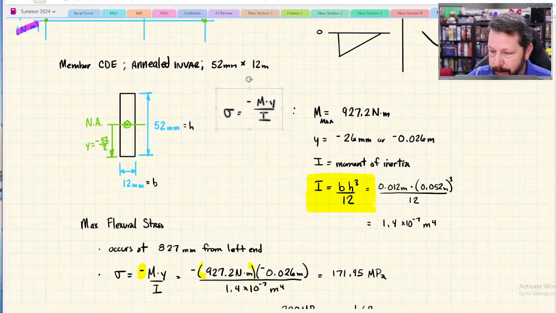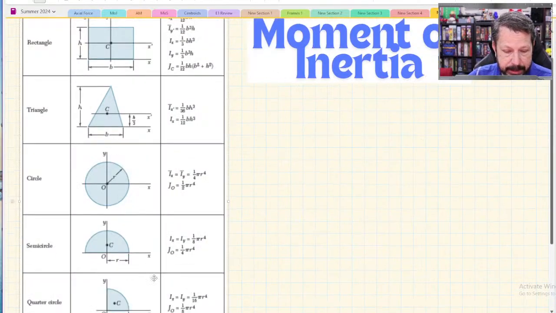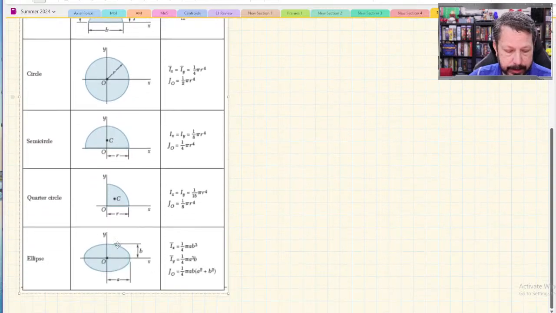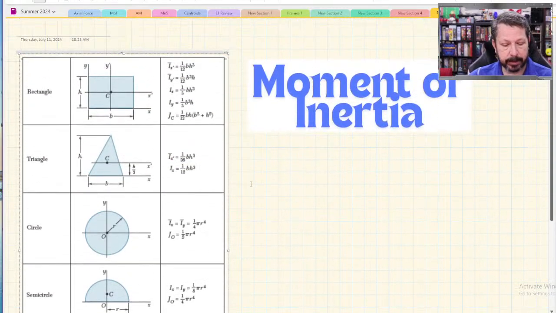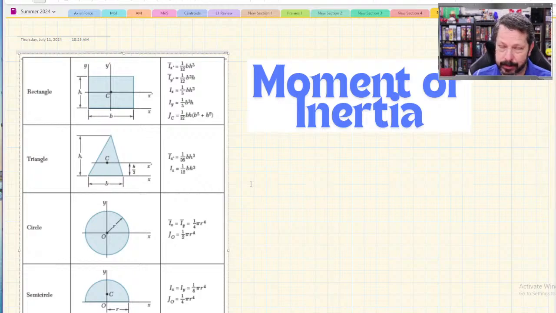So now here is a chart of six different shapes, your primitive shapes: triangles, circles, parts of circles, an ellipse down there, and a rectangle. You can see all of these equations on the far right column.